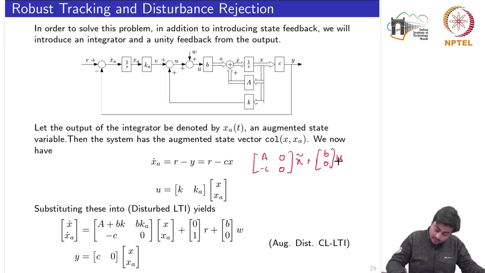Now if I replace u and add the associated terms, I would obtain this A matrix. The B matrix with respect to the reference signal would remain as it is. Similarly with respect to the disturbance signal, because r and w are signals which you cannot control. You only have control over the signal u, and the transformed C matrix is given by this.